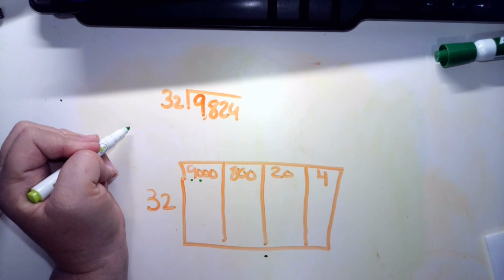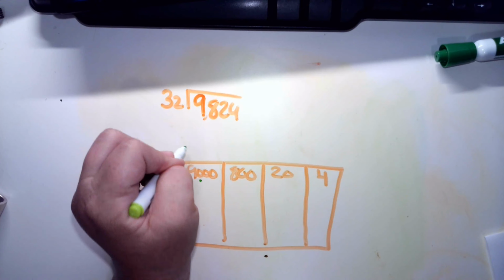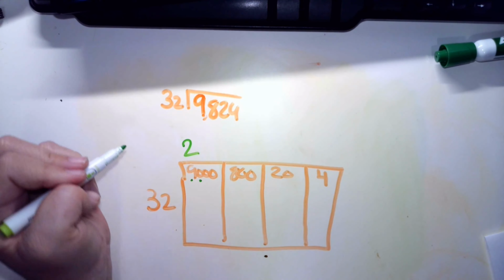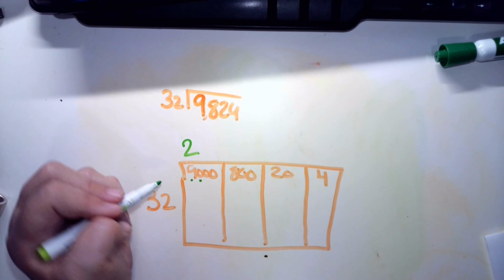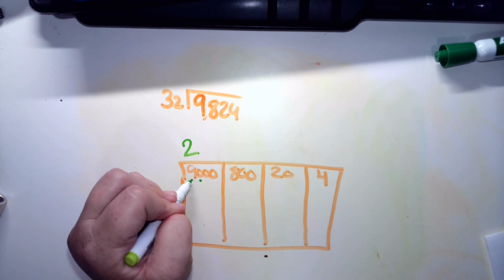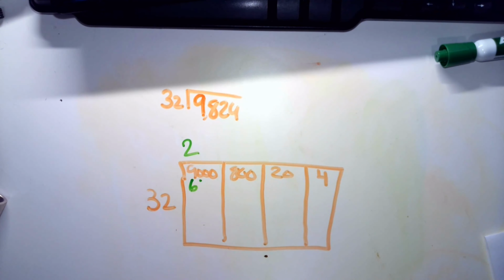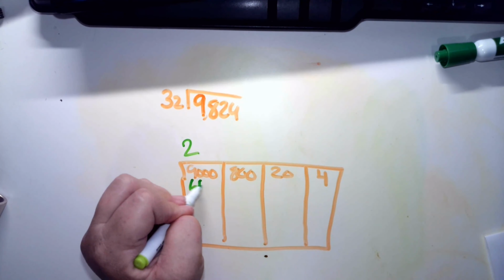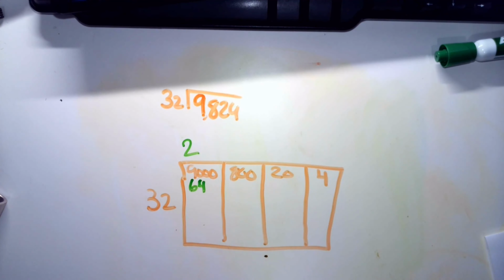I know that 32 can go into 90 2 times, because 2 times 32 is 64. Now because my 6 is less than that 9, I can put it right here underneath my 9. I can put my 4 here, and look, I have 2 extra zeros.